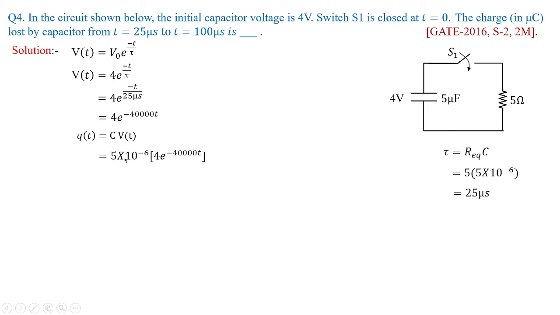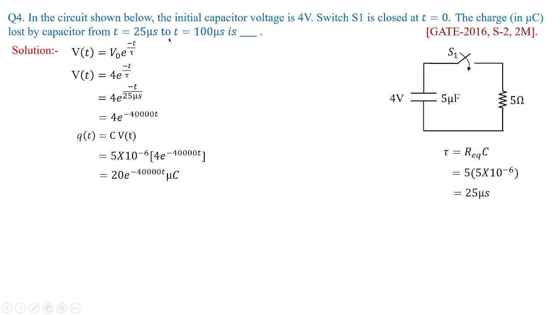Substitute the value of C, that is 5 into 10 to the power of minus 6, and V of t is nothing but 4 e to the power of minus 40 kilo t. After framing this equation, I'm going to get the actual value of Q of t, which is equal to 20 e to the power of minus 40 k t microcoulombs.